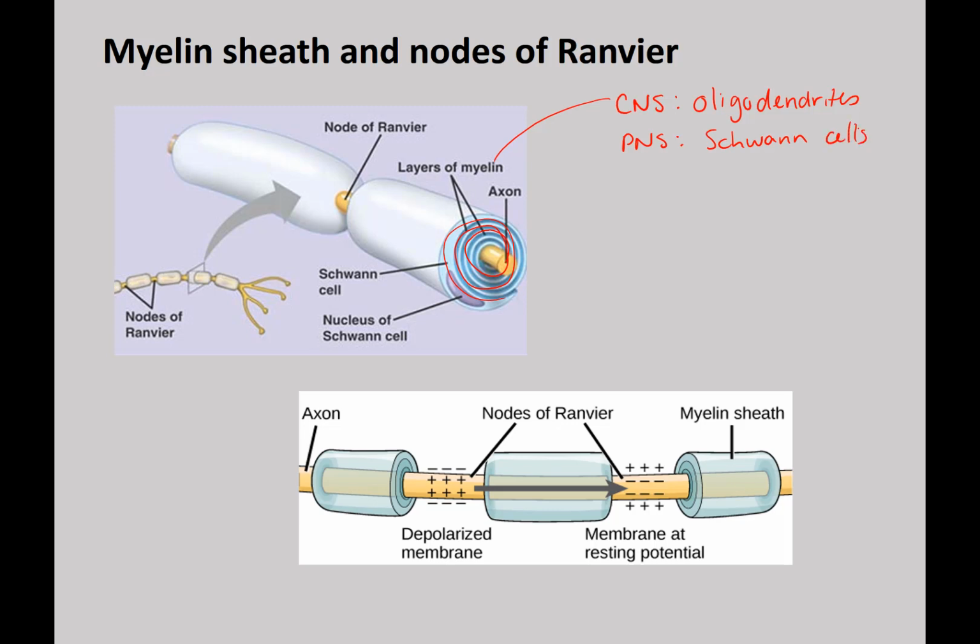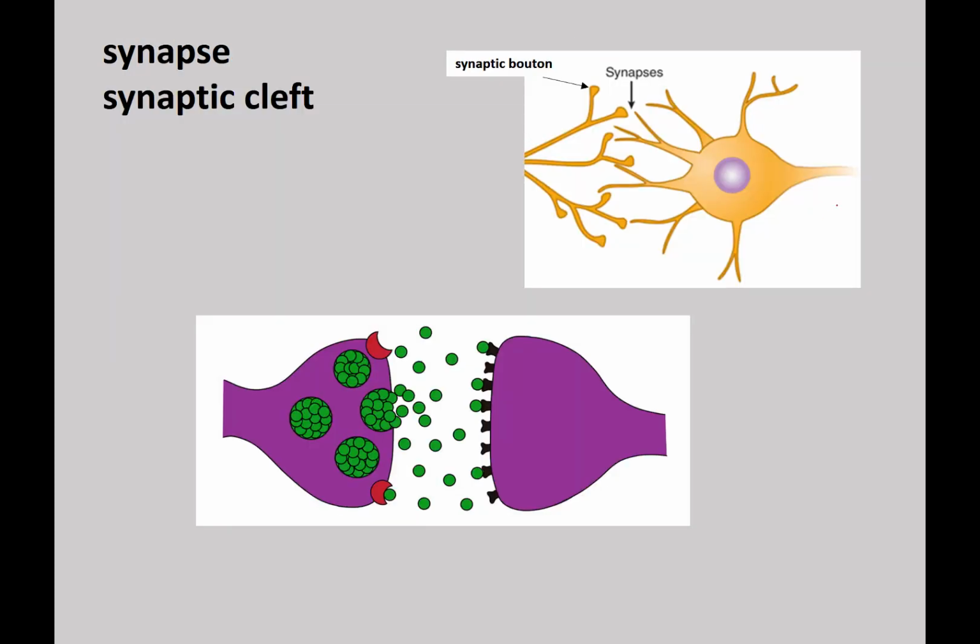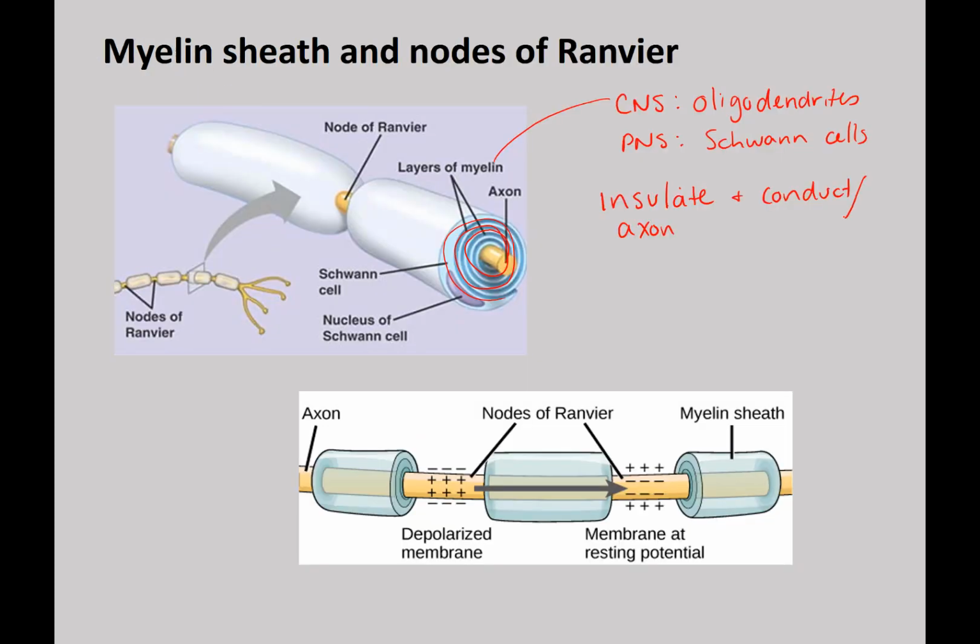Their function is the same: they insulate the axon and help conduct or propagate the action potentials. We'll talk in a little bit about what happens when the myelin sheath breaks down.